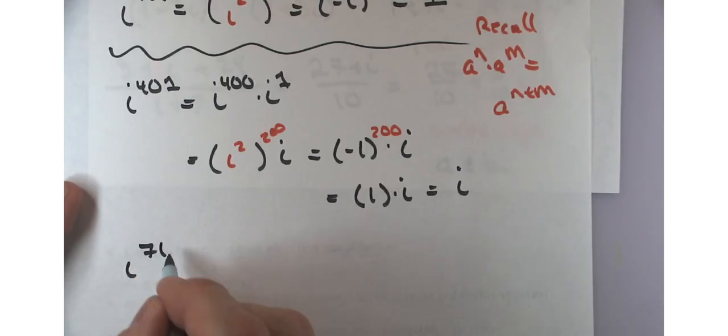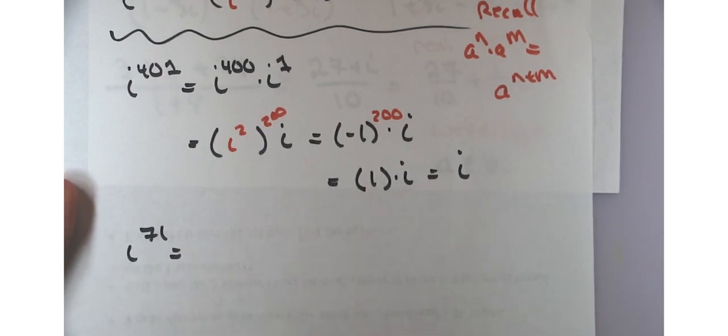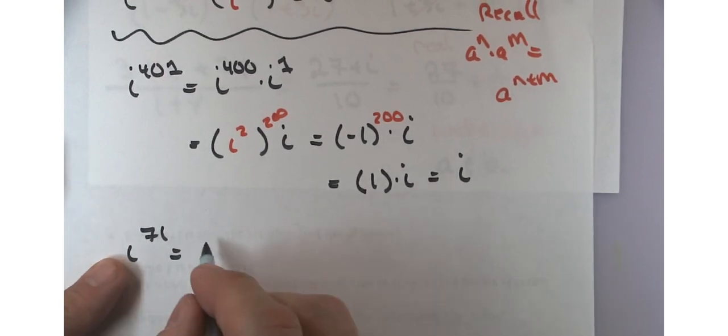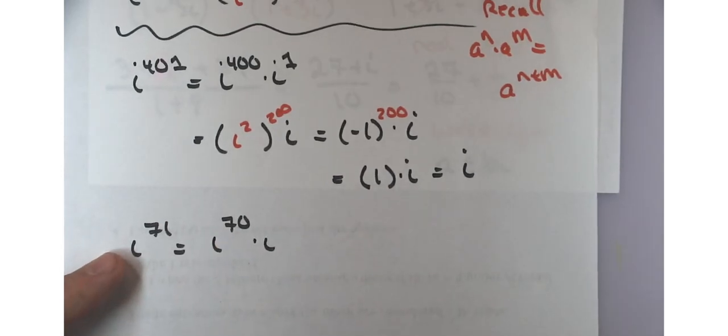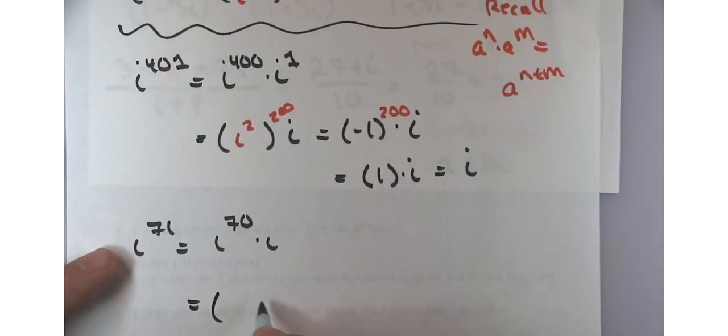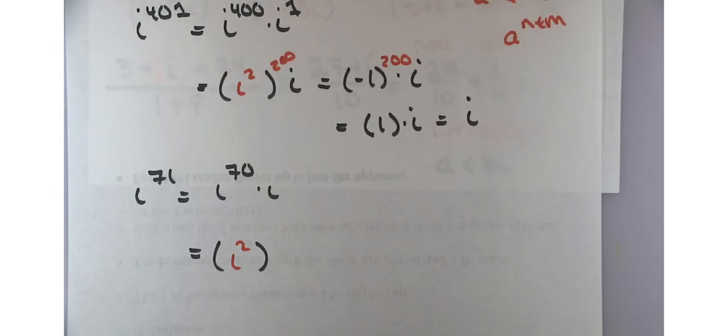That one seemed to go over a little bit rougher than some of the other ones, so let me just do this one last example, and that'll be it. I to the 71st power, I'll rewrite that as i to the 70th times i to the 1st. Your trick, as always, is to rewrite this as i squared. But i squared to what power?